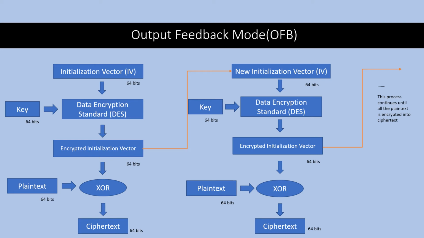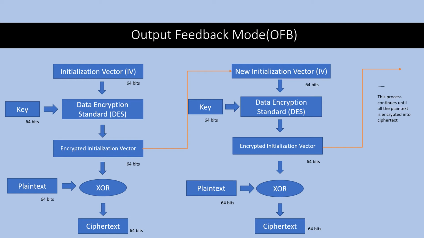Now, we have reached the final step of the encryption process. What happens now is that the encrypted initialization vector will be fed into the next encryption process. For the next encryption process, a new initialization vector will be formed based on the previous encrypted initialization vector.